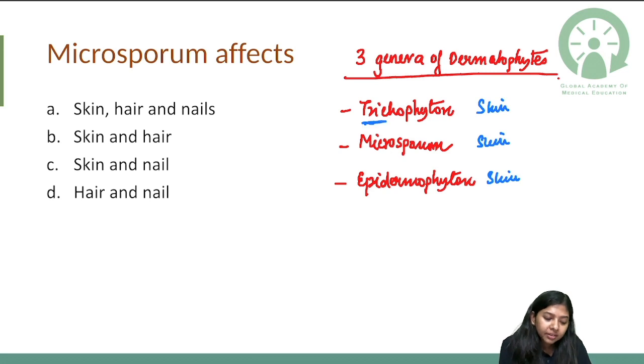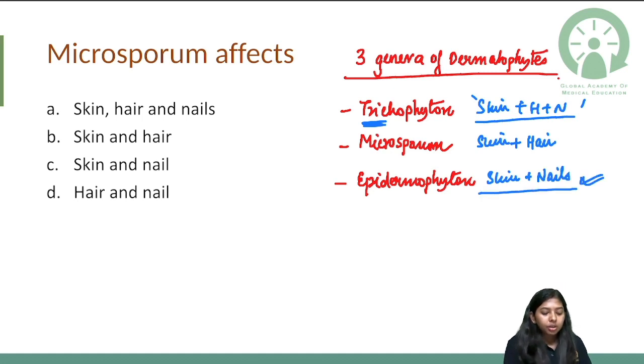Now trichophyton affects hair plus nails, meaning it affects all 3, okay? Skin, hair and nails, all 3 will be involved in trichophyton infections. Microsporum will involve the hair, okay? And epidermophyton will involve the nails. You do not get a hair infection because of epidermophyton.